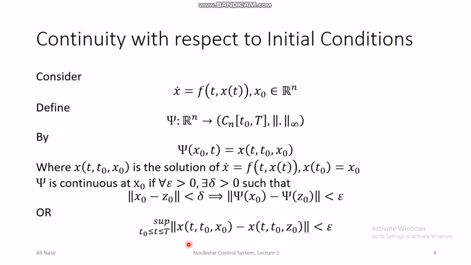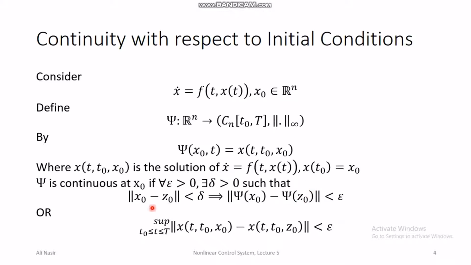Or we can say that the supremum over all time of the distance between the two trajectories corresponding to two different initial conditions is less than epsilon. If you look closely at this definition, the closeness of the initial conditions implies the closeness of the trajectories. That is why we say this is continuity of the trajectory with respect to the initial condition.